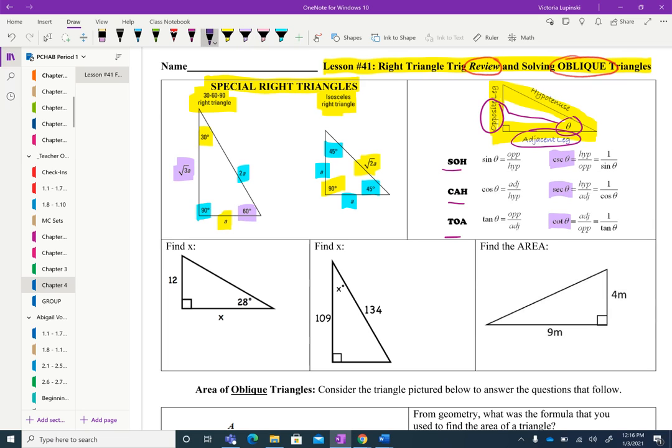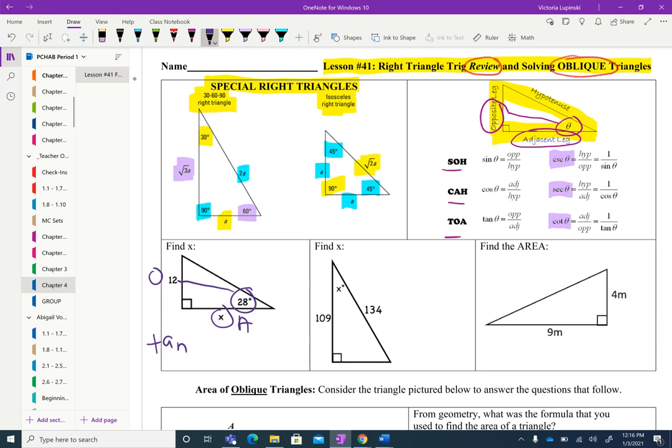So in the first box here, we're going to go ahead and find x. If we're trying to find x, and we have angle 28, we have to decide which of the big three, SOH, CAH, or TOA, we are going to use. Based on where the 28 is, we would say that the 12 is the opposite, and the x is the adjacent. So which of the big six uses the opposite and the adjacent? That would, of course, be the tangent.